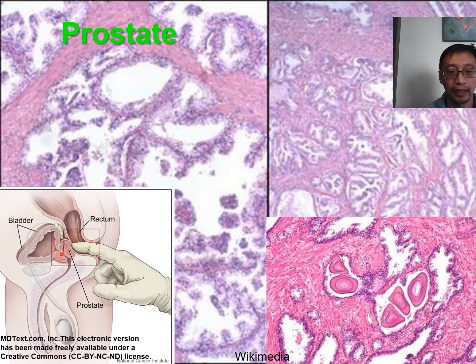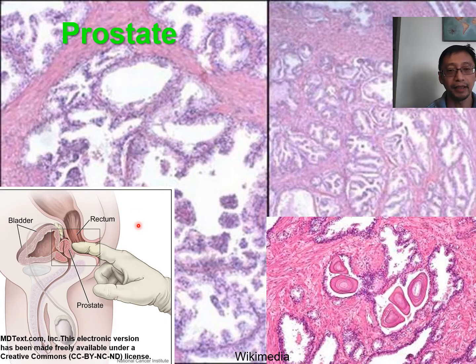The prostate gland will produce 20% of your seminal fluid, and the representation here shows the tubuloacinar architecture and a very prominent fibrous stroma. In the old population, there is the prominence of your corpora amylacea.